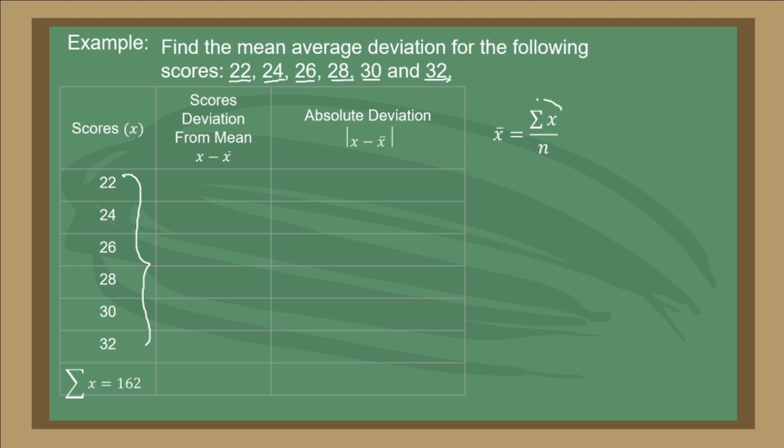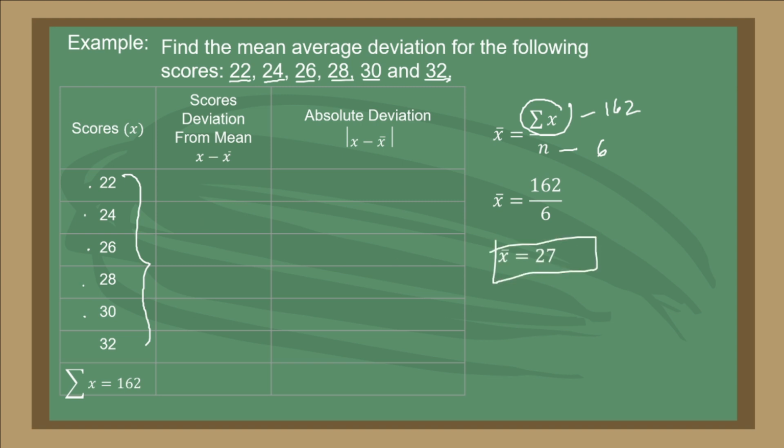Our summation of x here is 162. N is 6 because there are 6 scores: 1, 2, 3, 4, 5, 6. So we substitute these values to the formula. The mean is equal to 162 over 6. Then our mean is 27.